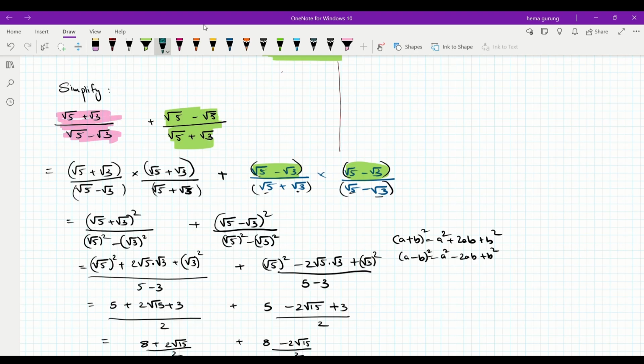Fine. So now I'm going to write the question here. You tell me what's the difference between this question and the question which I'm going to write here. So it is (√(a+5) − √(a−5)) divided by (√(a+5) + √(a−5)).